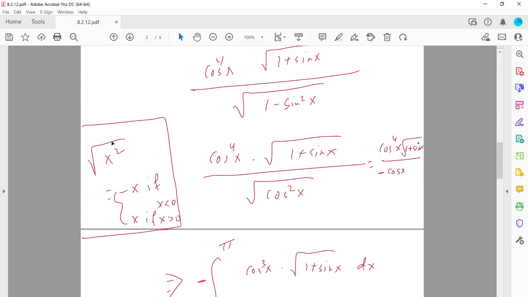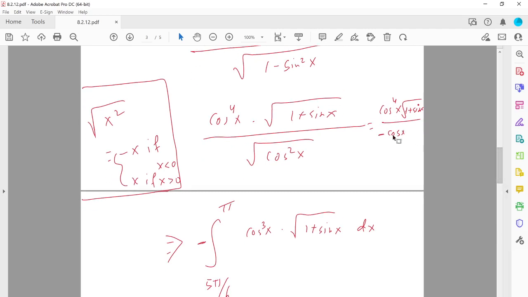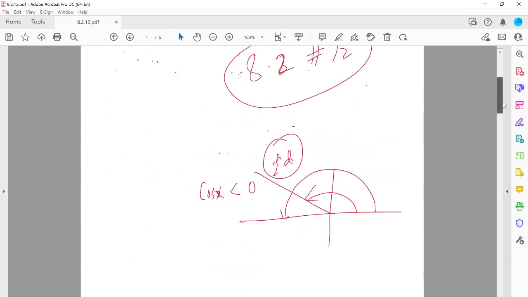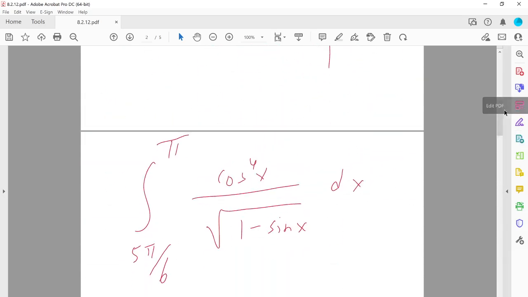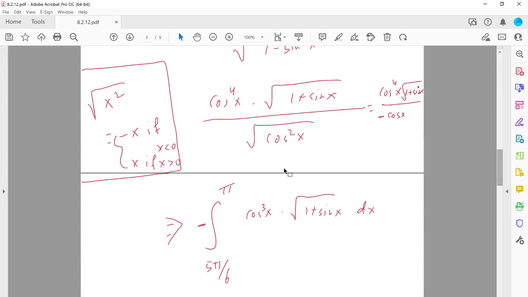Okay, the square root of x square is negative x if x is negative itself, and it is equal to the positive x if x is positive itself. By using that fact, now we change the problem from this problem to this problem.